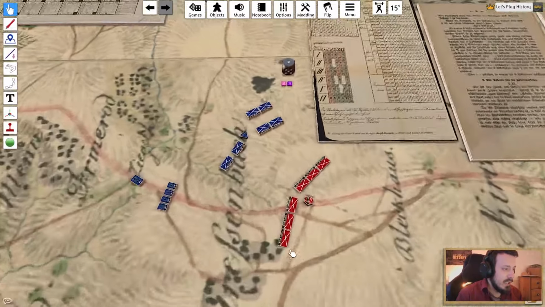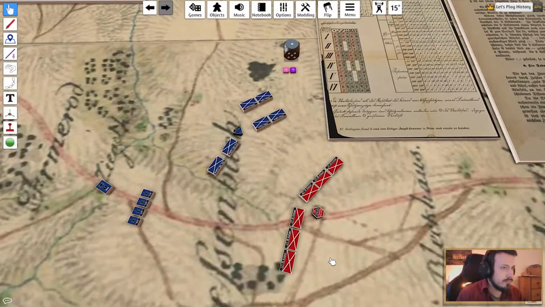I have set up an example here using the blocks that would be used historically. So the size of the blocks hasn't really changed since Kriegsspiel. They always use basically the same. And Kriegsspiel said all the objects, all the pieces we are using and the maps are at the scale of 1 to 8,000, right?